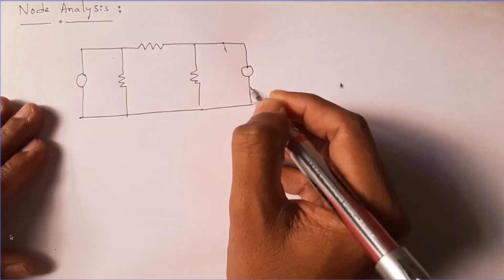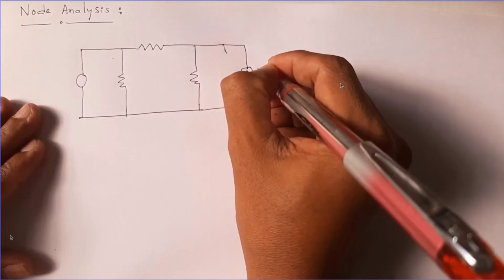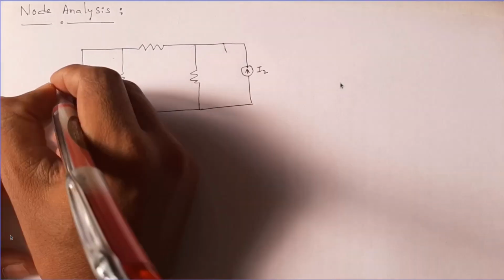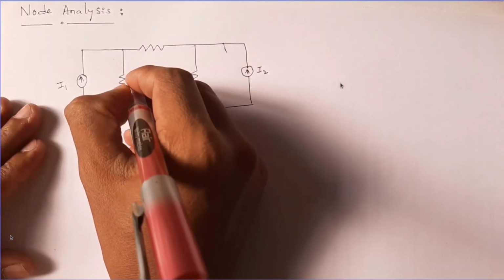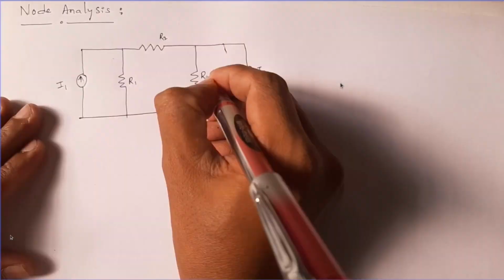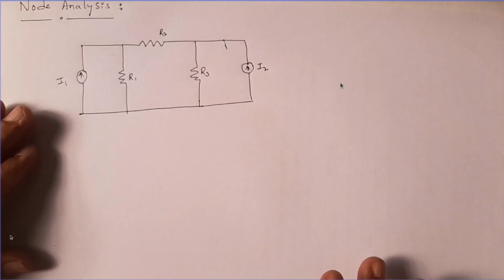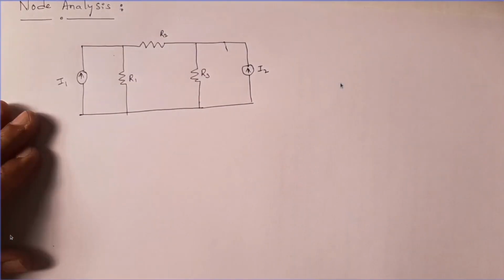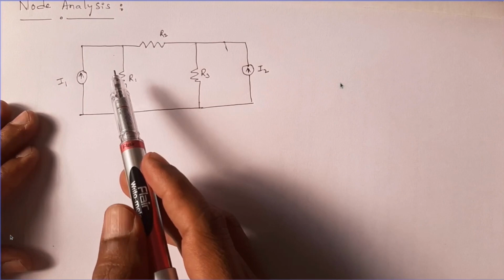This is current source I2, this is current source I1. Let me consider this as resistance R1, this is R2, this is R3. Some values: I1 will be known, I2 will be known, R1, R2 and R3 will be known. So analysis means we should find other things like branch currents and branch voltages.